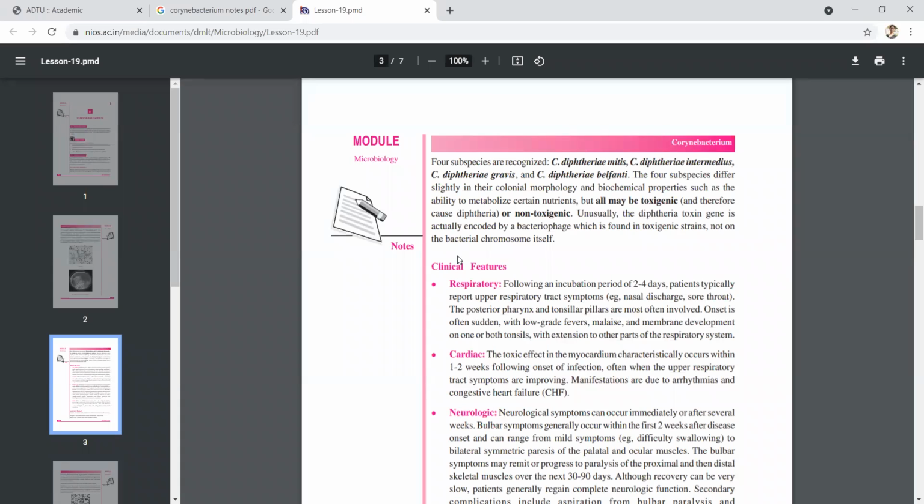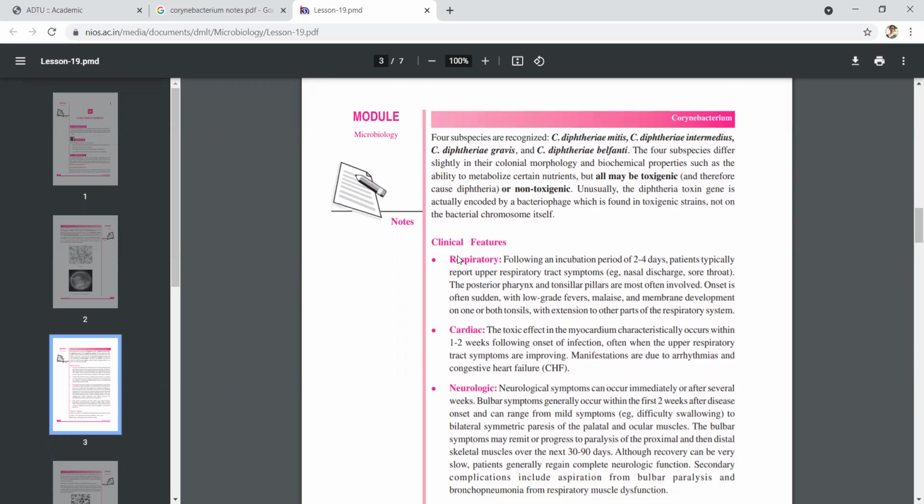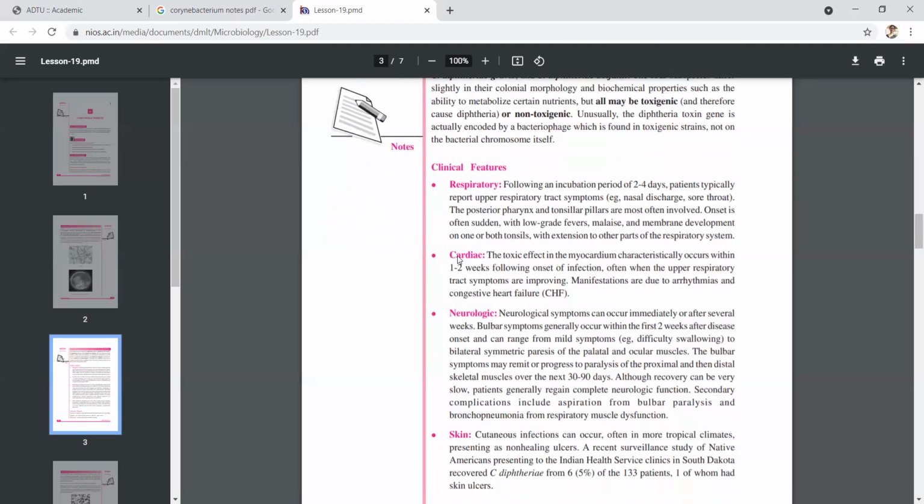So if this bacteriophage virus is found only in toxigenic strains, then obviously there has to be a toxin gene, and the bacteriophage is seen to be encoding this particular gene, and this is not seen on the bacterial chromosome itself. So this is about the subspecies.